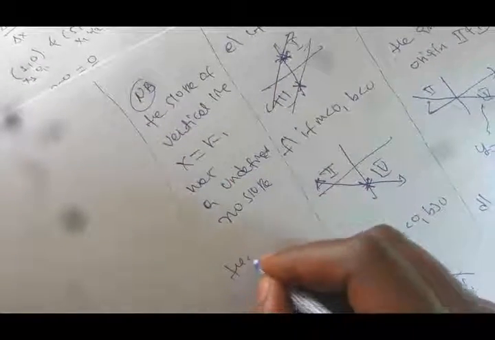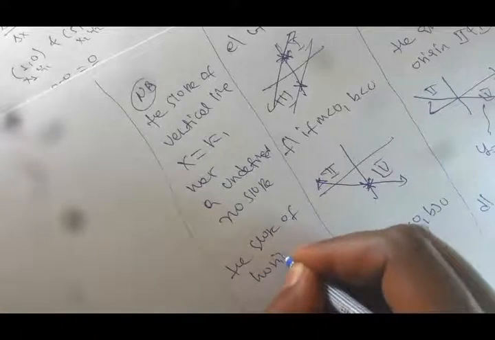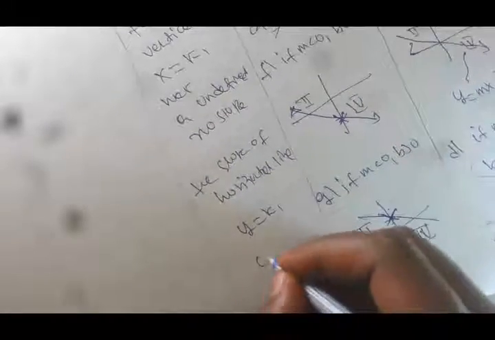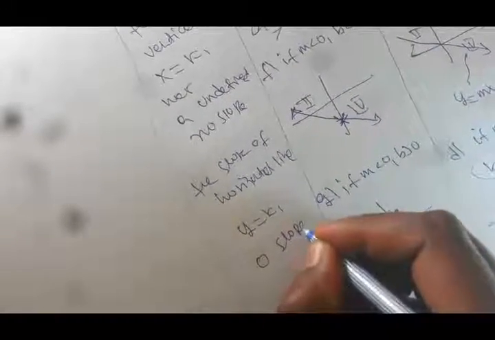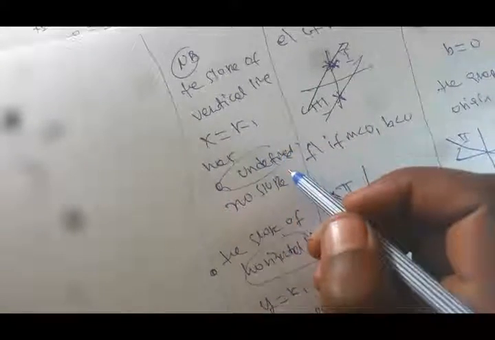The slope of a horizontal line, which has a general equation of y is equals to k, is 0. When you have a horizontal line, its slope is 0. When you have a vertical line, its slope is undefined or no slope.